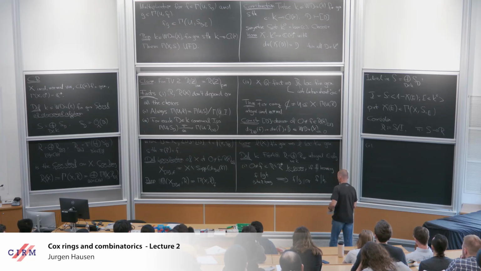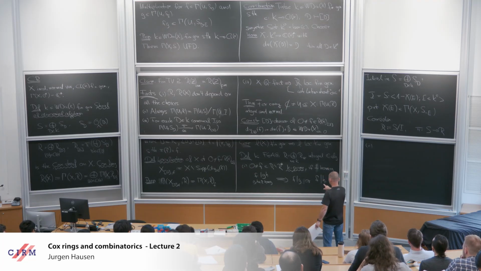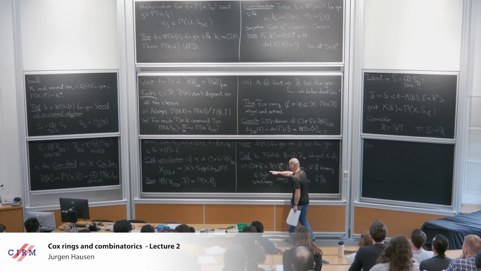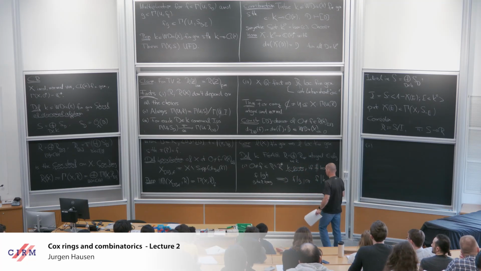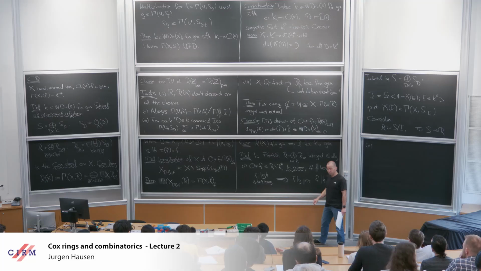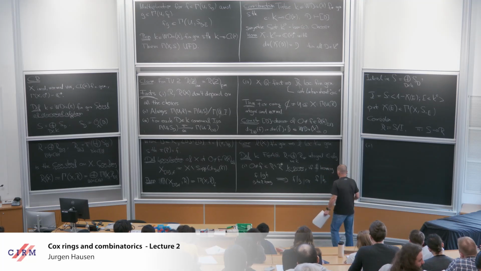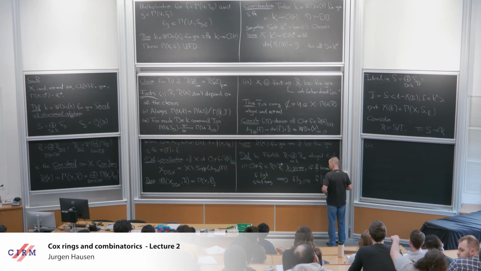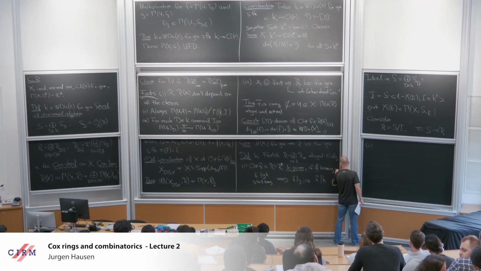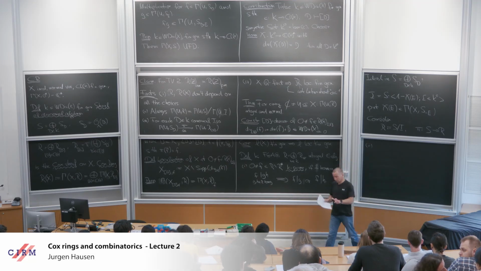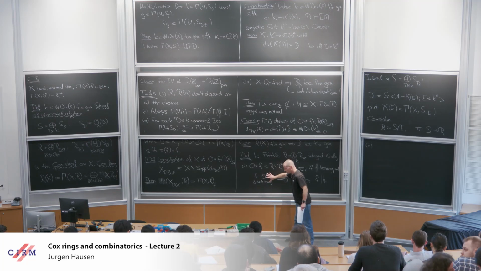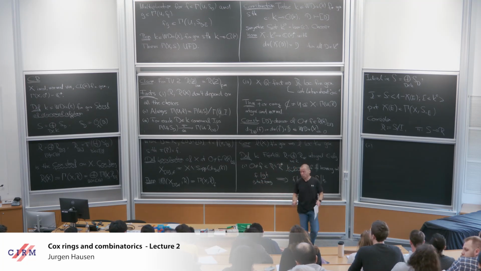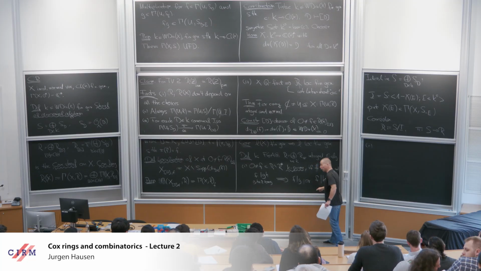So let me try to reconstruct what I told you. We take a function which is non-zero, non-unit. I call this guy k-prime, and it should be homogeneous, and we must have this conclusion: whenever F divides a product of two homogeneous elements, then it has to divide one of the factors.